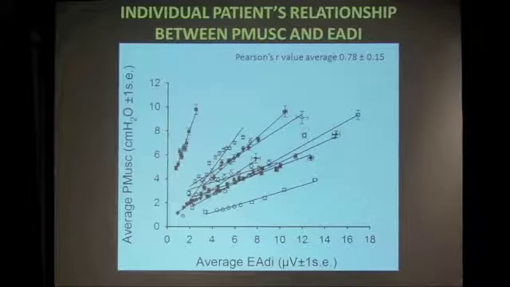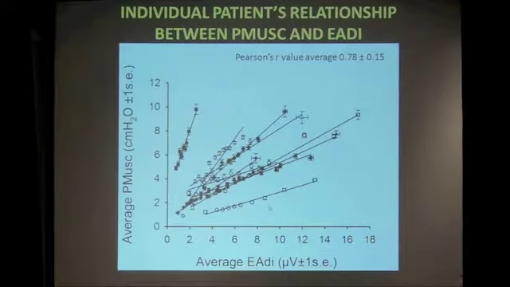Well, my talk is finished, but I wanted to show you this slide, it goes back to the discussion of this morning. It shows you EDI in patients plotted against the pressure developed by muscles.